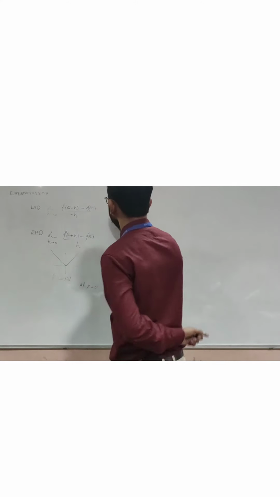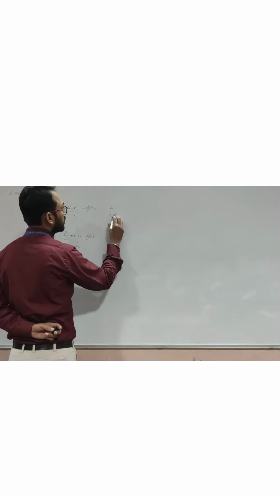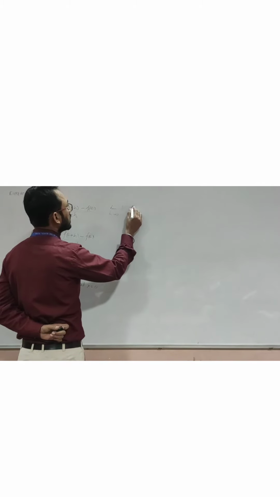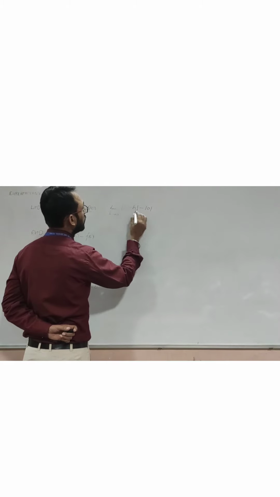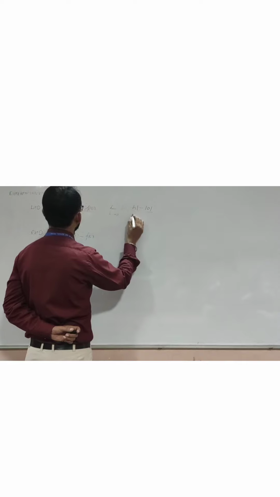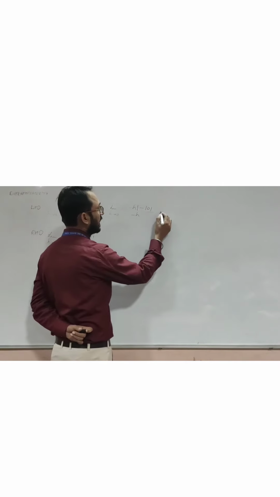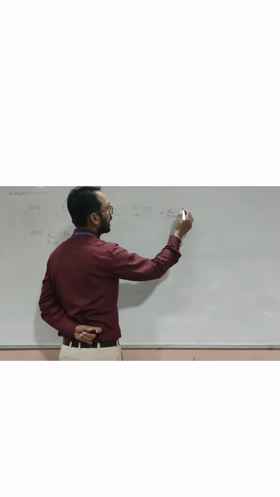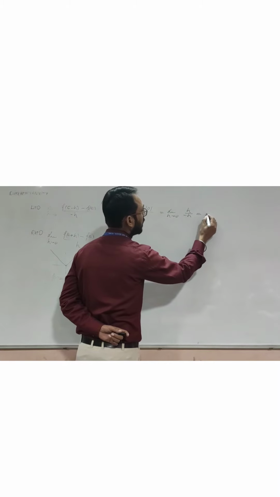So it will be limit of h tends to 0, mod 0 minus h minus mod 0, whole upon minus h. It will give us the result limit of h tends to 0, h upon minus h, equals minus 1.